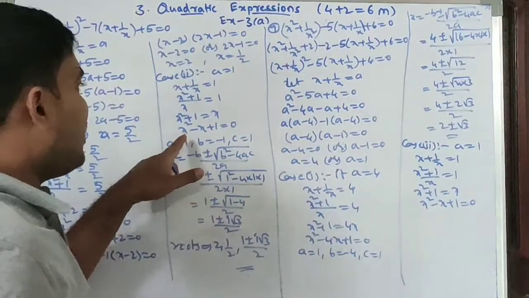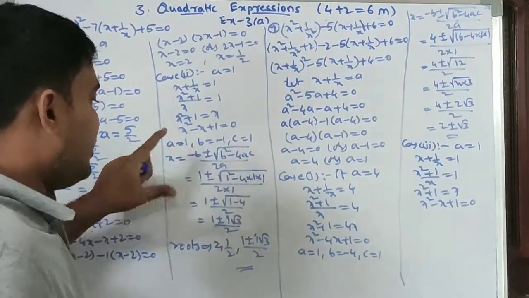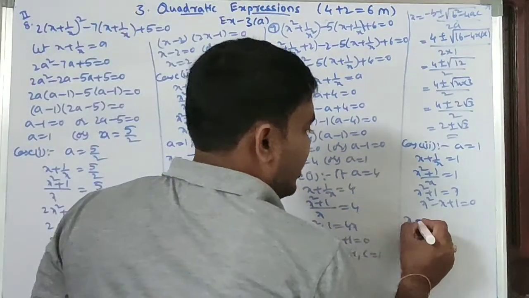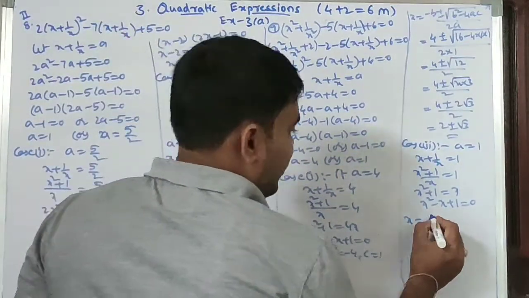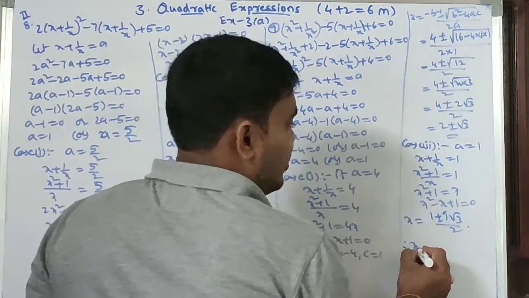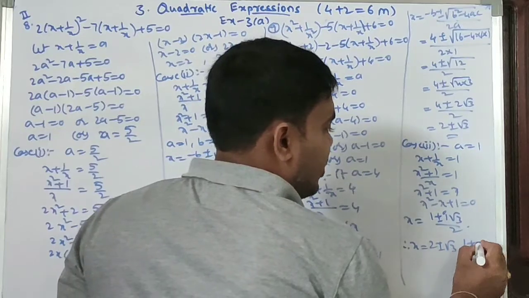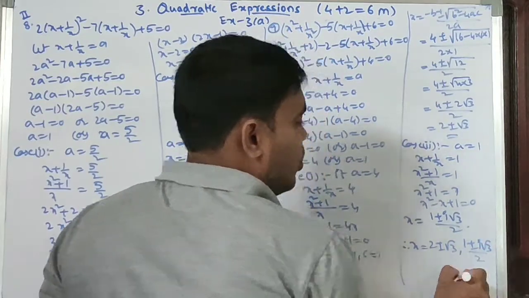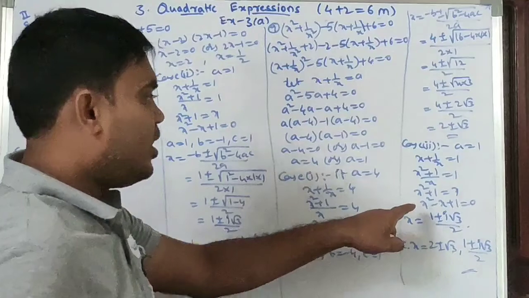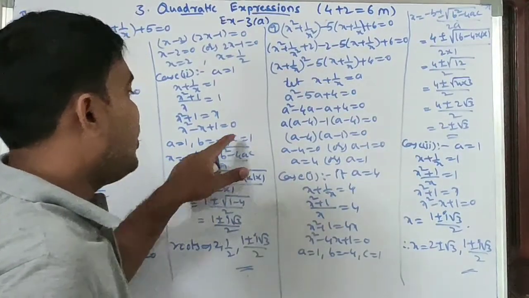In the previous problem, we solved x square minus x plus 1 equal to 0 the same way. What will we get? x equal to 1 plus or minus i root 3 by 2. Therefore x are 2 plus or minus root 3, comma, 1 plus or minus i root 3 by 2. So these are the 4 roots. The remaining part of this one is the same: a equal to 1, b equal to minus 1.